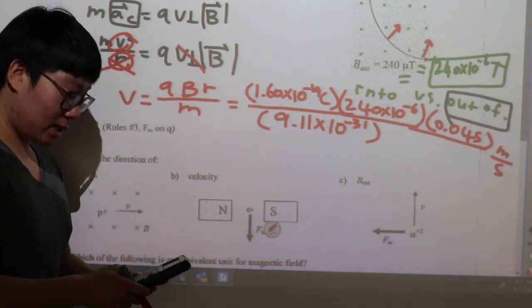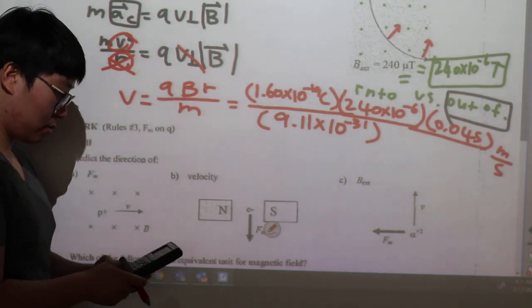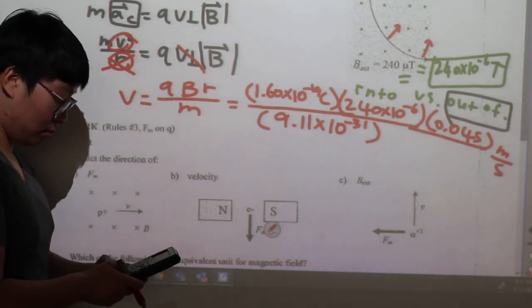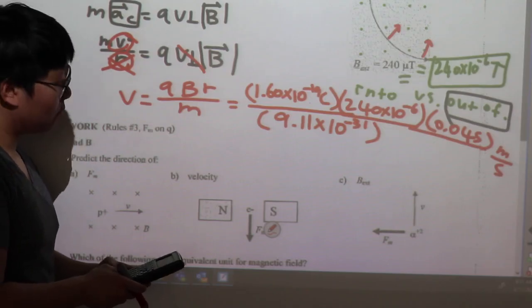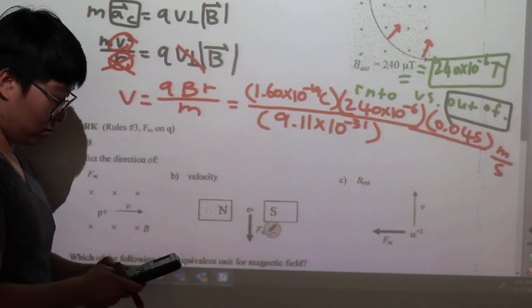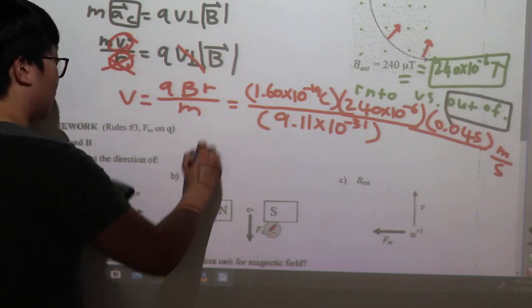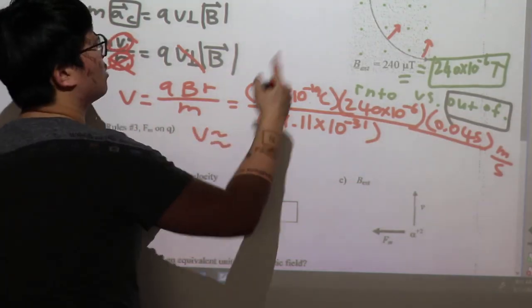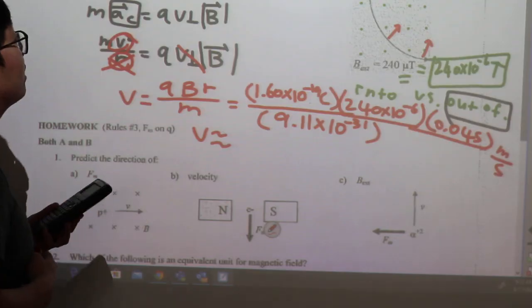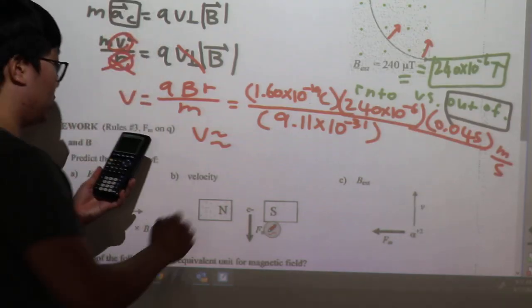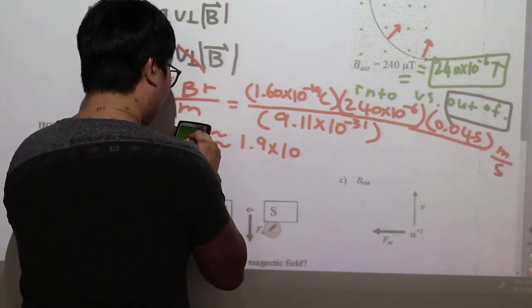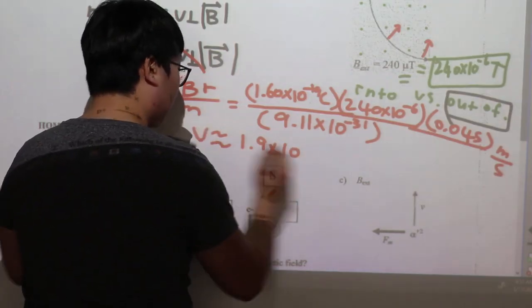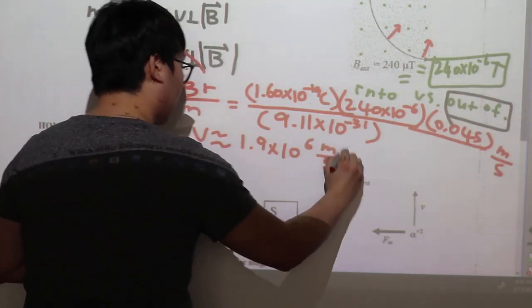It will be fast. If I round it to significant digits, which is two significant digits, it should be 1.9 times 10 to the power of 6 meters per second.